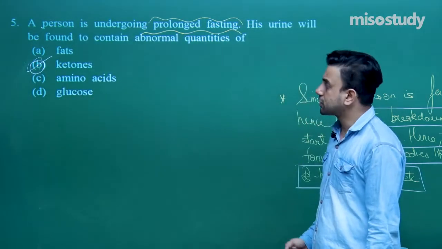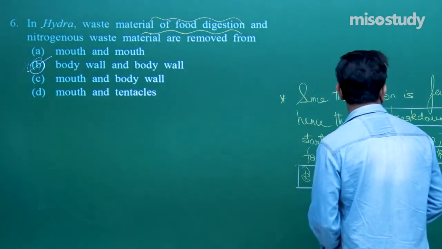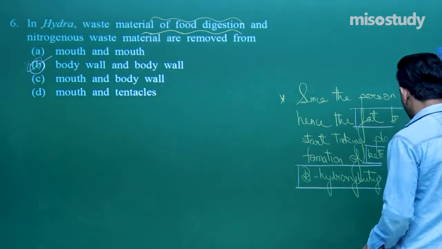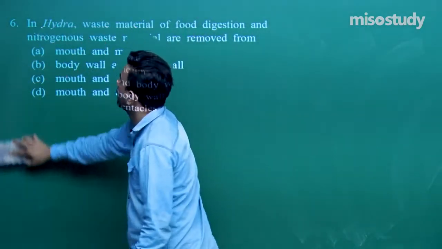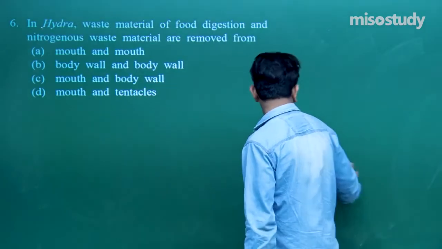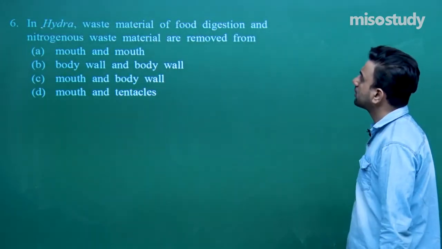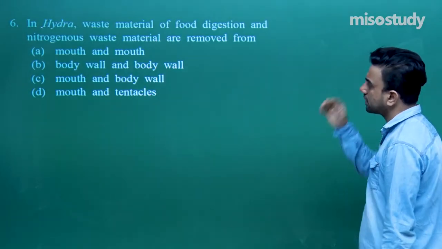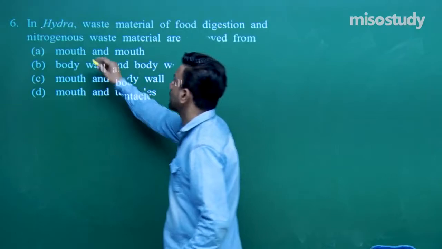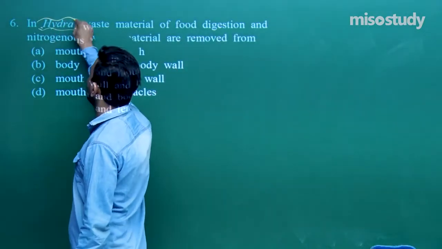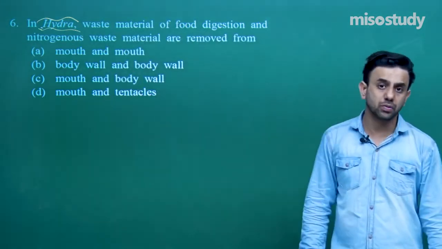Let us look at the next question. In Hydra, the waste material of food digestion and nitrogenous waste material are removed from where? So we are talking about a coelenterate, belonging to the phylum Coelenterata.